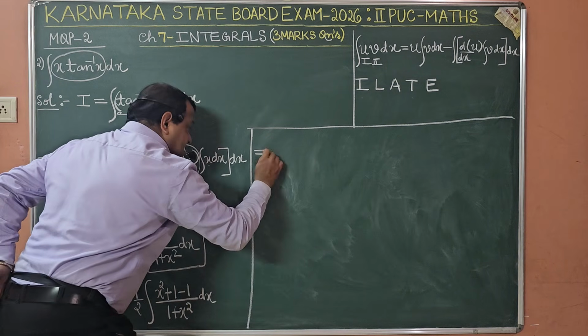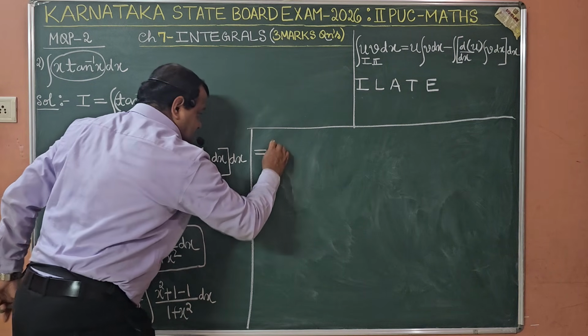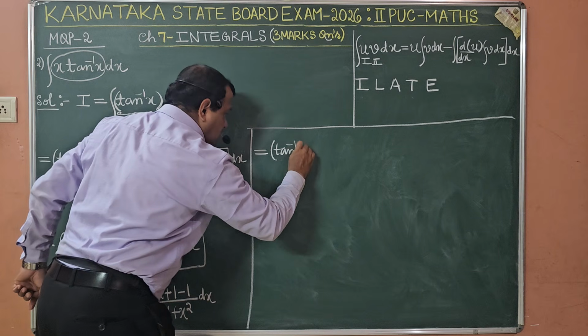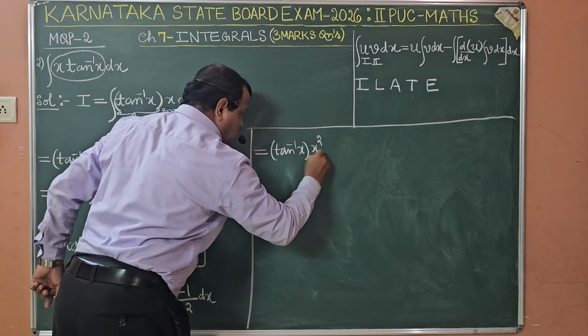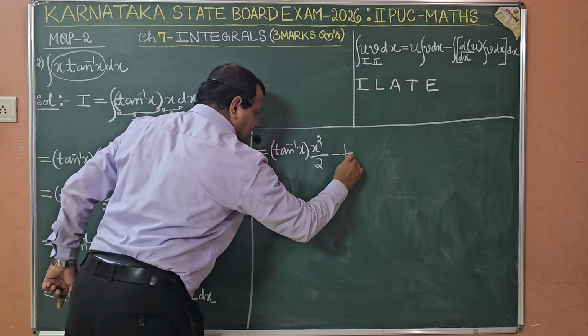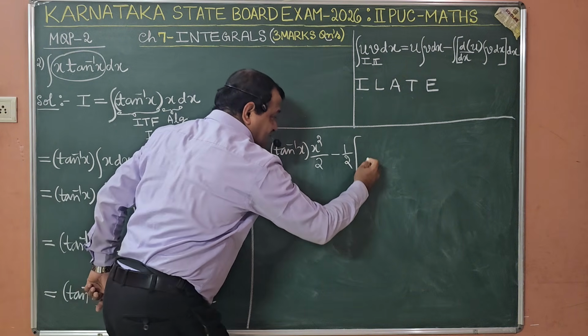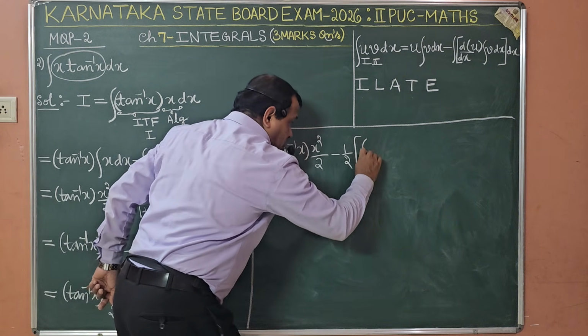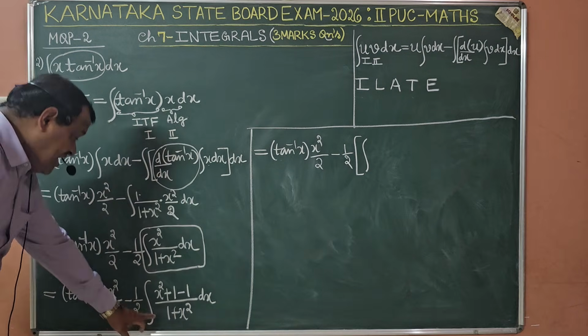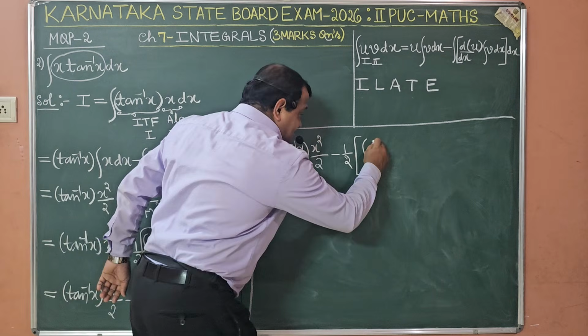Therefore this is equal to, say, this term as it is, tan inverse x into x square by 2, minus half into the integral. Now I will open a bracket, and inside the bracket we can split. First I will split this. Is it clear, my dear students?